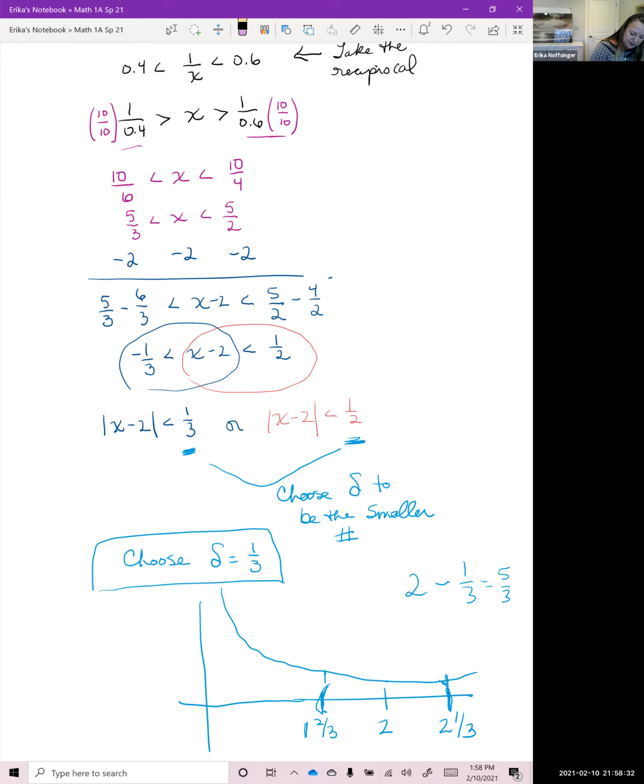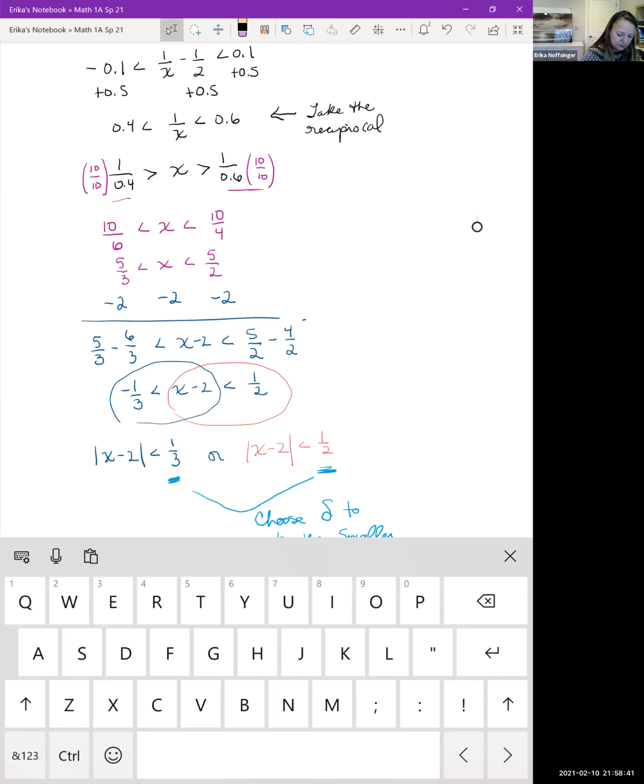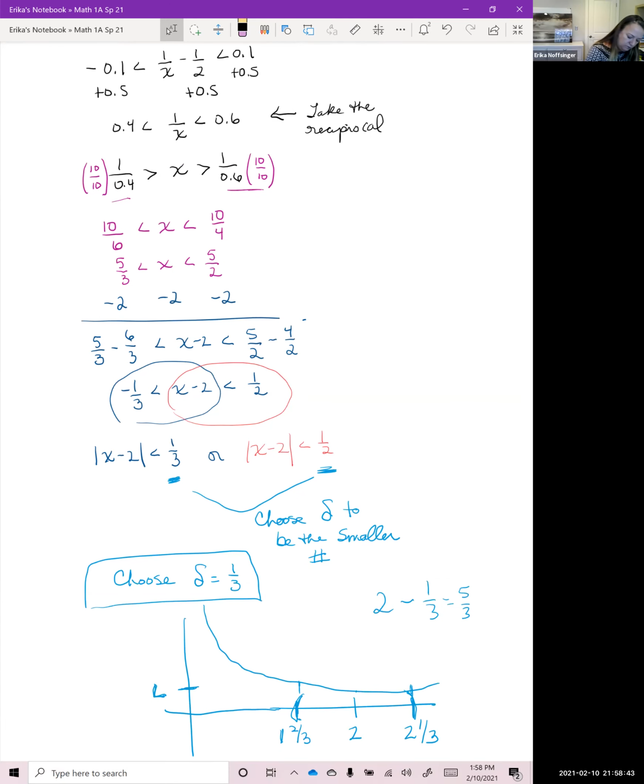This would be my L value, and epsilon was 0.1. So this would be L plus 0.1 and L minus 0.1. I'm trying to see if I can do this. But any number in here that we choose, we would be what we wanted within here, plus and minus this 0.1.